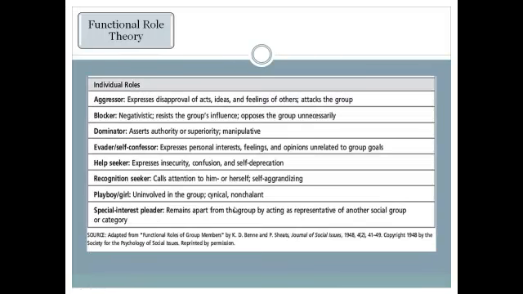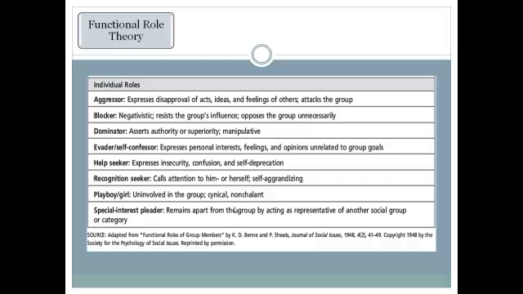So these are the relationship roles that they discovered. Finally, there are these individual roles, and these are roles that take place in a group activity that really aren't necessarily very helpful in terms of getting the task done or even developing cohesive bonds among the members. These are people who perhaps, for whatever reason, are separating themselves in some way from what's happening in the group.